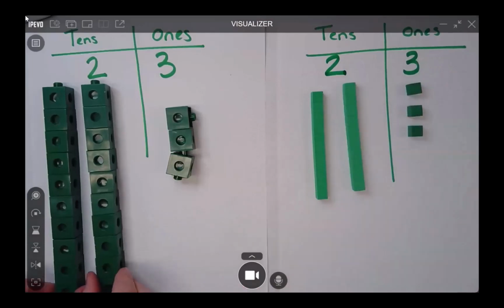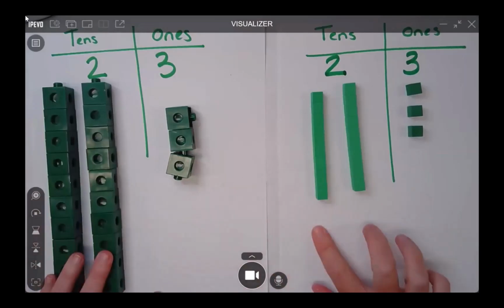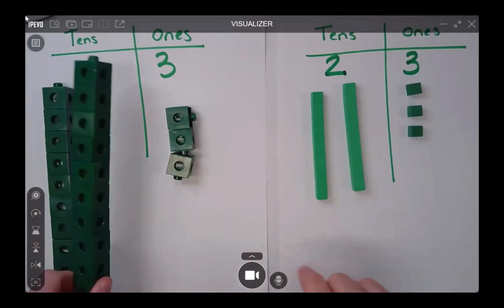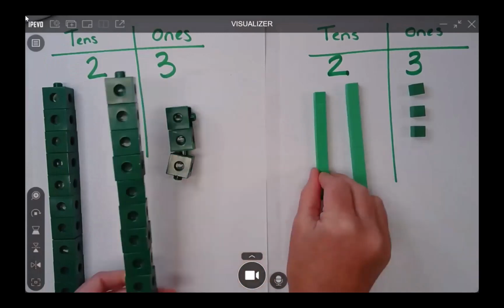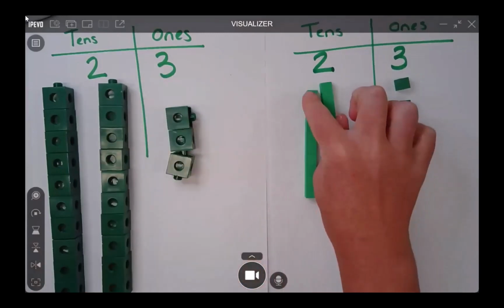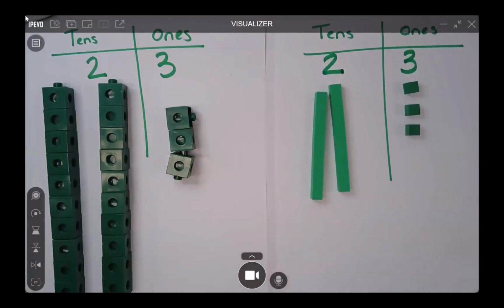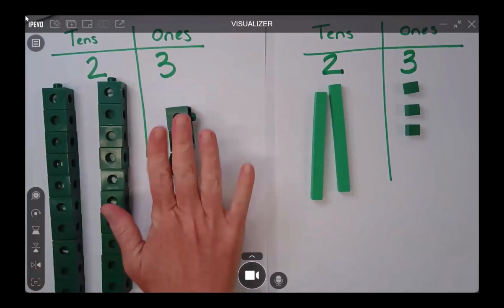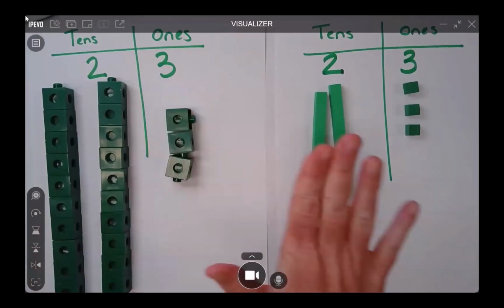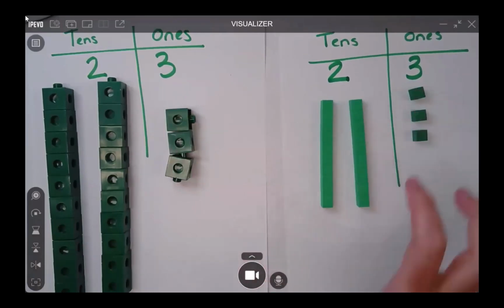You can kind of see how the snap cubes look like the base 10 blocks. This 10 is 10 ones, and this 10 is 10 ones. They've just already been snapped together for me. So the value of 23, 20 is made up of 2 10s and 3 1s. Or I can use base 10 blocks and show 2 10s and 3 1s.